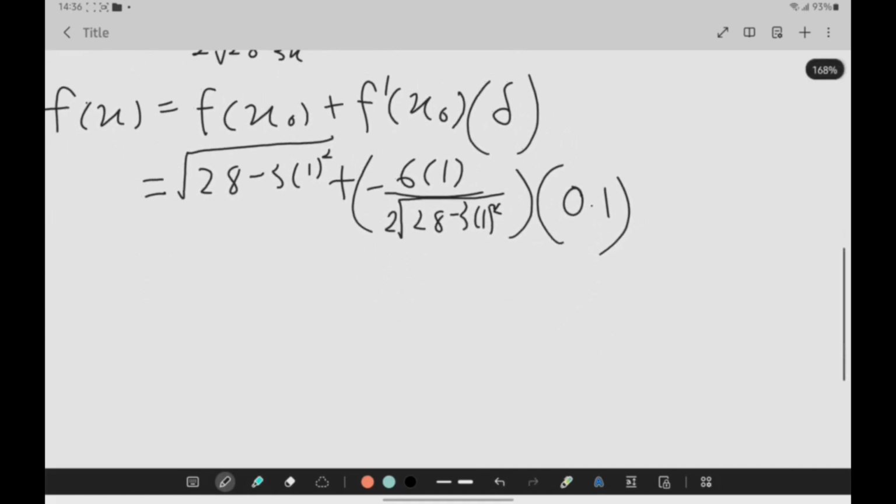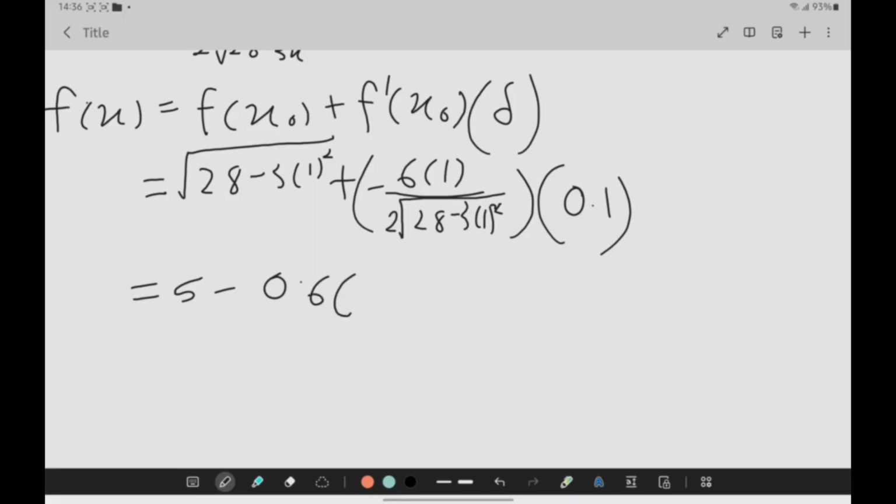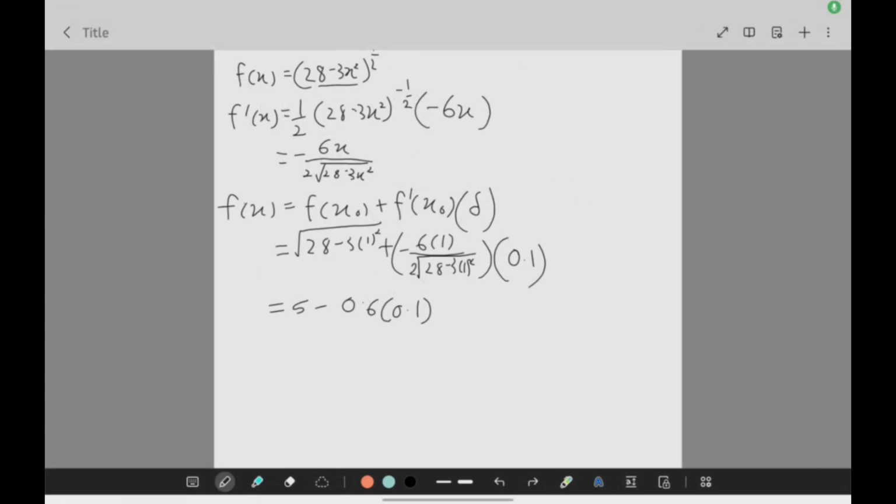After you get that, you calculate it. You should get 5 minus 0.6 multiplied by 0.1. The answer will be 4.94. But because it asks for 3 decimal places, you just add 0 at the back. That's how you answer question 4.